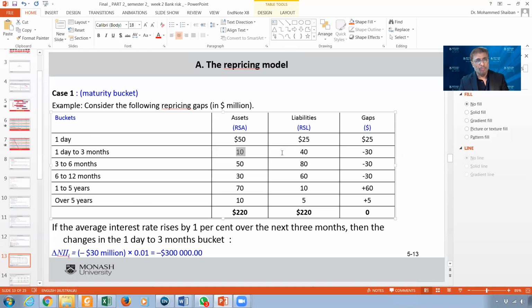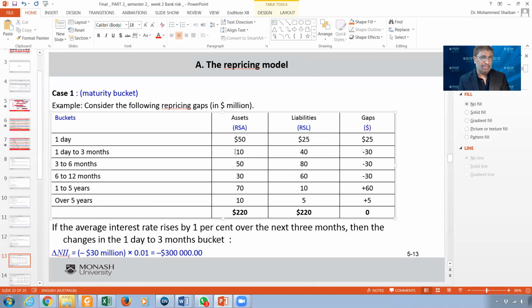This will mature in 3 months, and this will mature in 3 months, which means I have to look at the risk-sensitive liabilities: 40 million, or 40,000, or whatever, will go out of my liabilities.